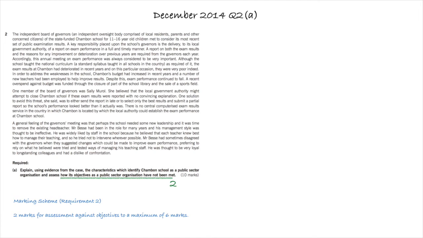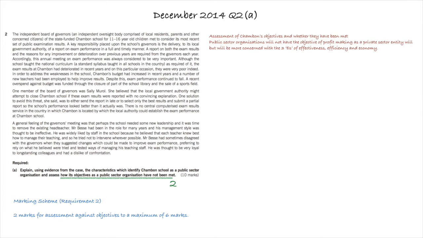Now, one other thing I would suggest here is if you can think of any model that might frame your answer, I would always use it to do so. So in this instance, we know it's a public sector organisation. Well, when we think of public sector organisations, we should automatically think of the 3 E's.